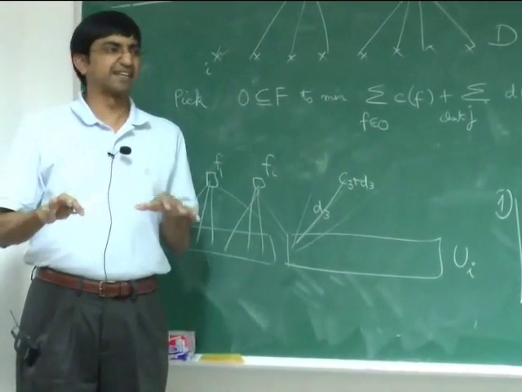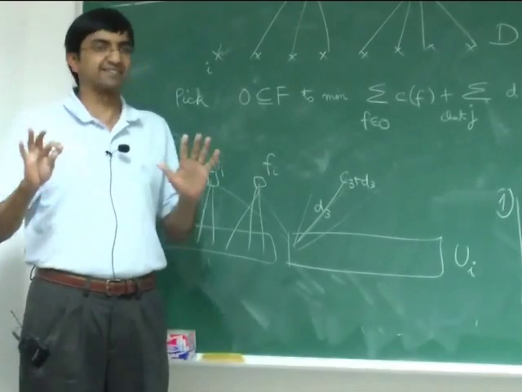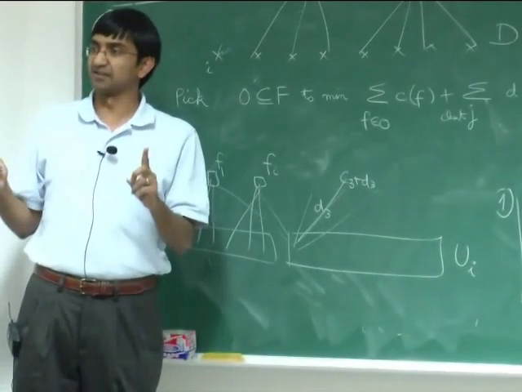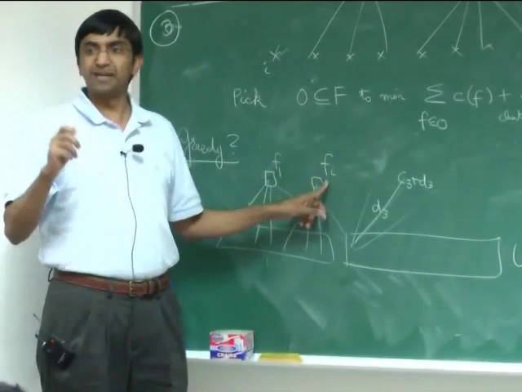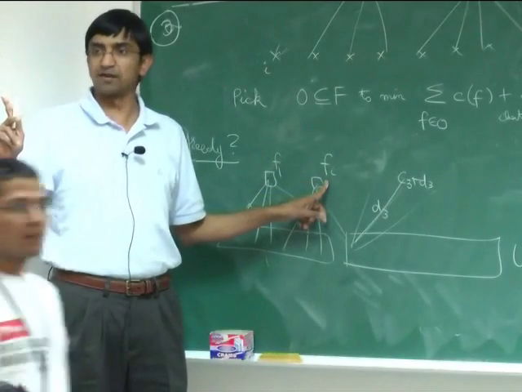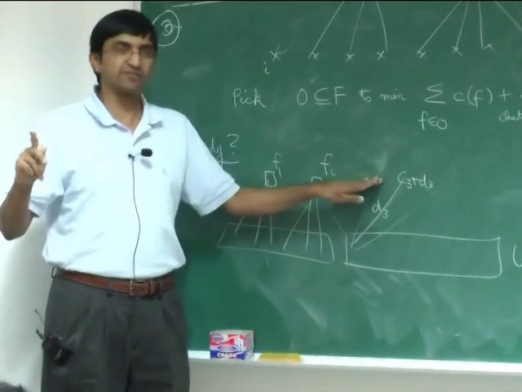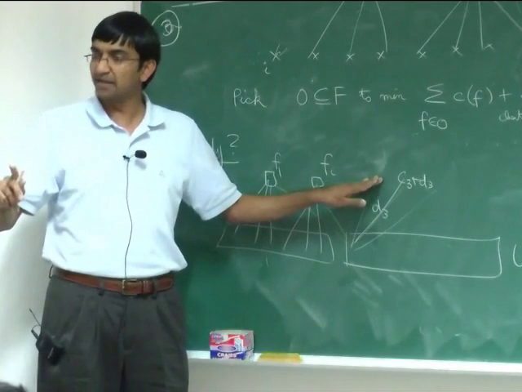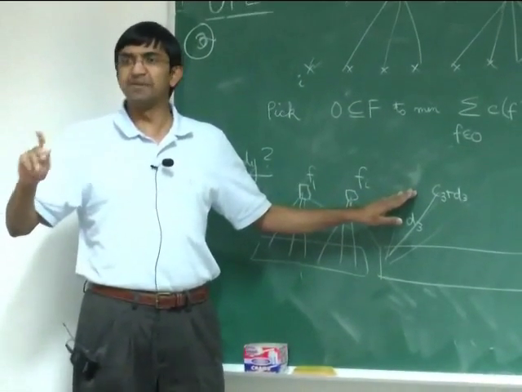Okay, so let me ask again. What is it that you're making progress with? When you pick the next facility, think of set cover. What did you do in set cover? At step Fi, you pick the set Si plus 1. And how did you pick the set Si plus 1? Cost of the set divided by the number of elements it covers.